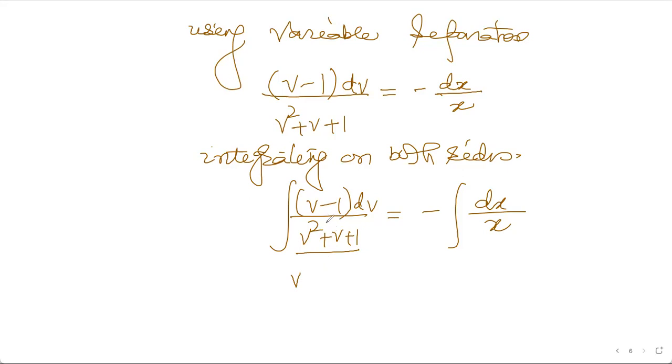If I let this v square plus v plus 1 be t, a new variable again, then dt becomes 2v plus 1. It's better to write 2v plus 1, or if I subtract 3, I'm getting this, but this 2 is becoming extra here, so I can write half here.